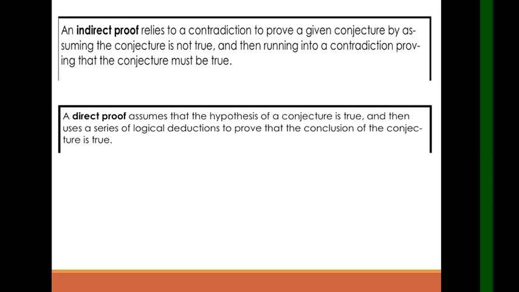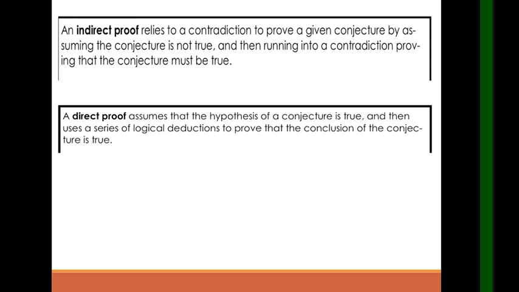When we are talking about indirect proof, it relies on contradiction to prove a given conjecture by assuming that the conjecture is not true, then running into a contradiction, proving that the conjecture must be true. So, dito sa ating indirect, kumbaga kumukuha ka ng contradiction dun sa sinasabi nung pinapatunayan mo.